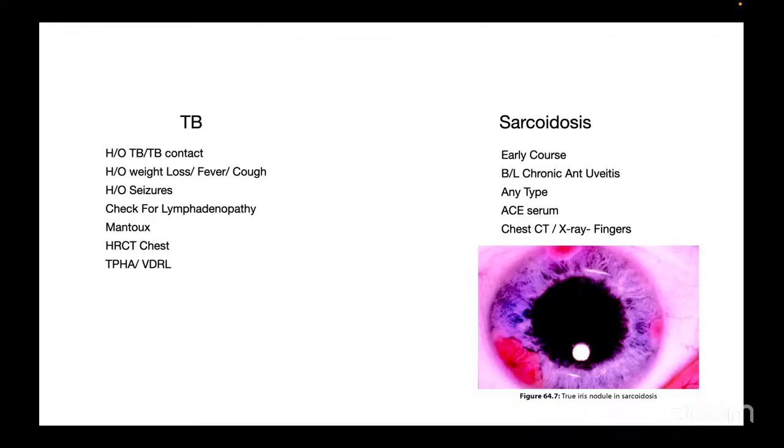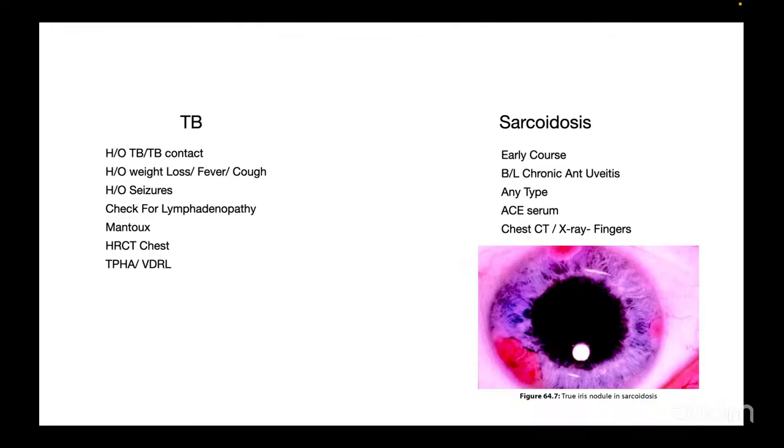If you are suspecting TB, ask for TB contact, weight loss, fever, cough, history of seizures. Also ask for neuro TB. Check for lymphadenopathy if the patient says he has any swelling over the body.